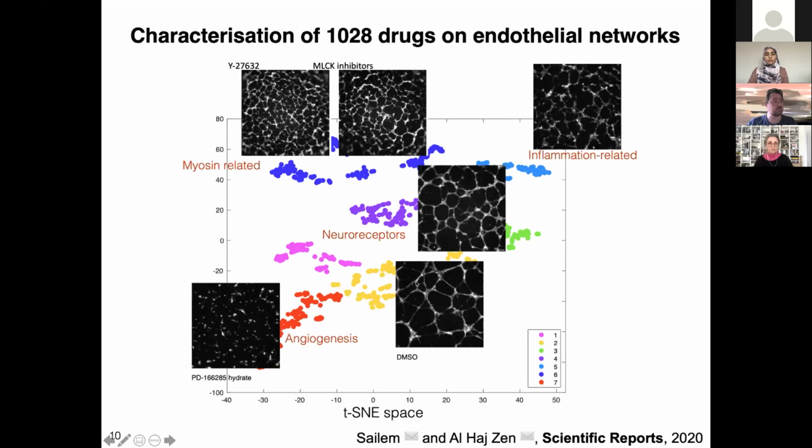Here you see the control condition, here drugs that inhibit formation of tubes, while in this cluster we see the thin and small branches, and here are more shaggy branches, not very mature. And this cluster in purple results in improved network formation.